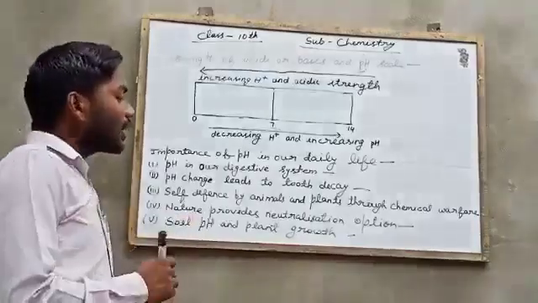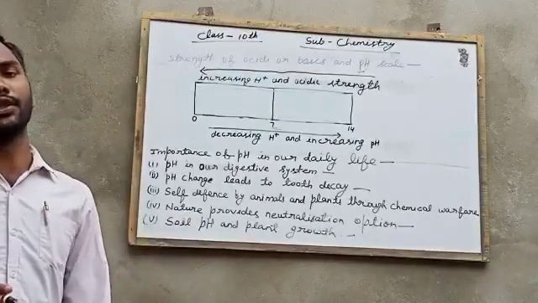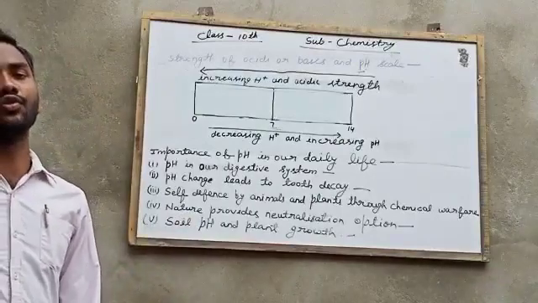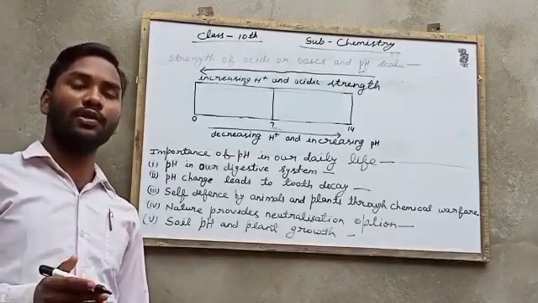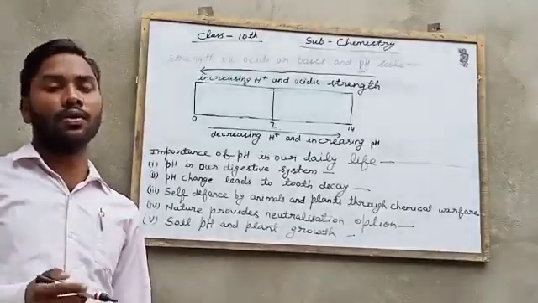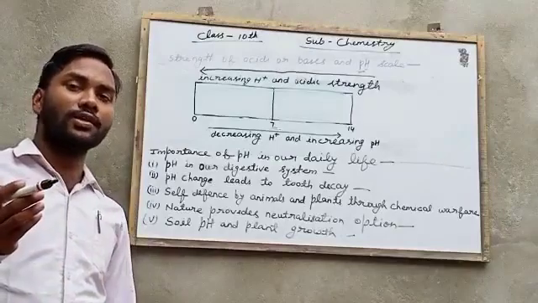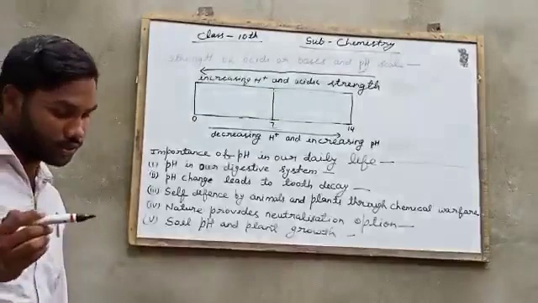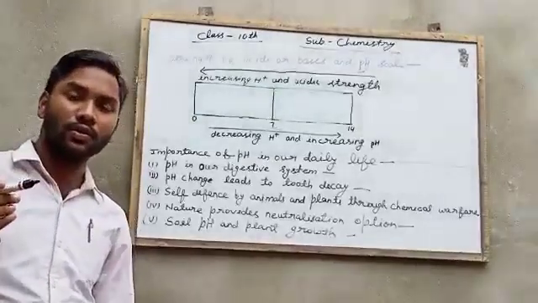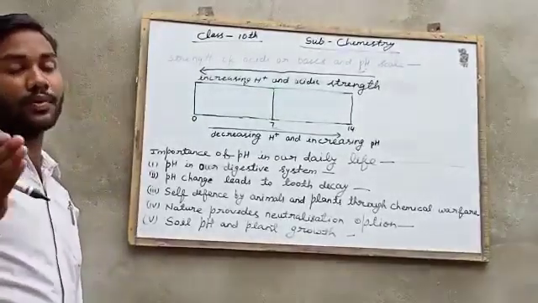Fourth one is nature provides neutralization options. In nature also there are many things which neutralize one another. In the wild there is a nettle. It is a herbaceous plant whose leaves have stinging hair.